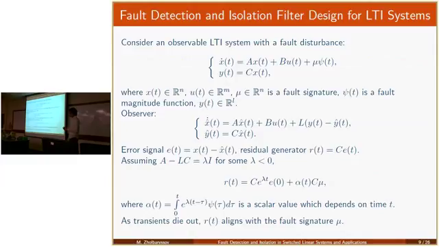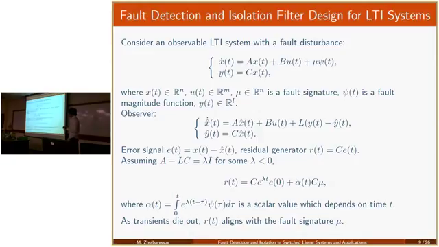With a single observer, we can detect this fault disturbance. We can construct an observer, and its error signal will converge to 0 when there is no fault, given that our state estimator matrix, which is A minus LC, has stable eigenvalues.